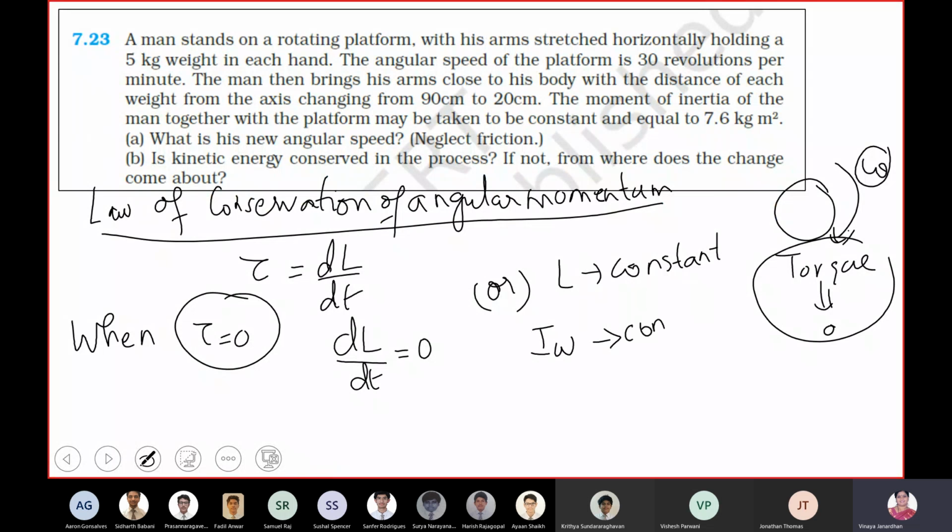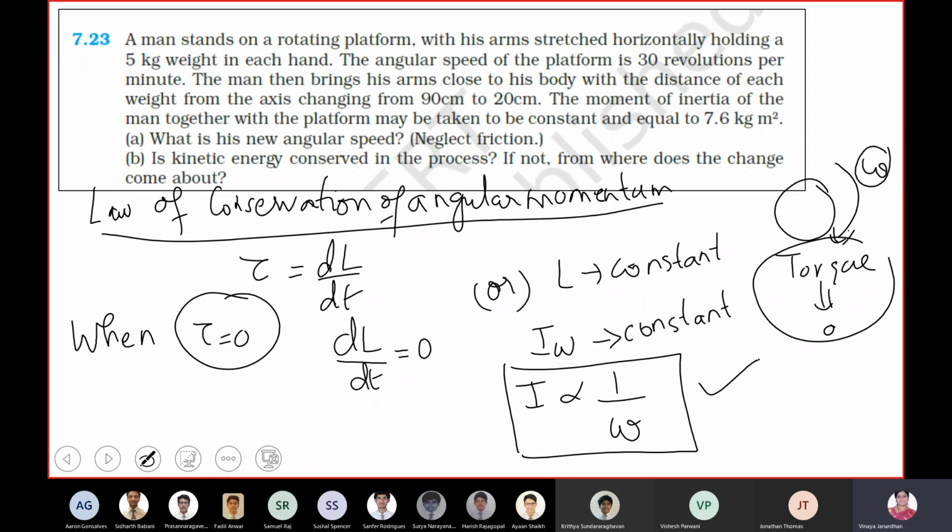Now look at this. I is inversely proportional to omega. Omega means angular speed, right? Copy till this, boys. Then I'll have to explain how angular speed increases when moment of inertia decreases. I have to erase this. So I is inversely proportional to omega.